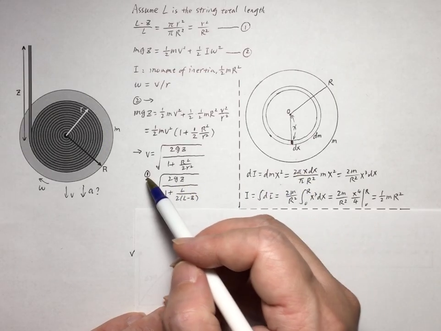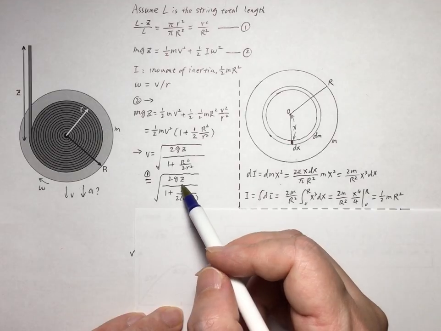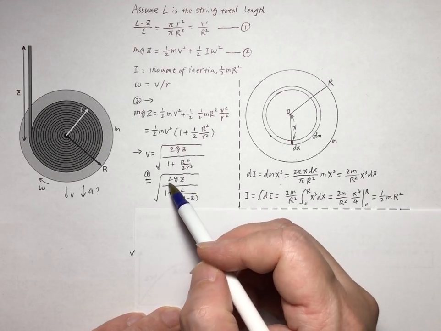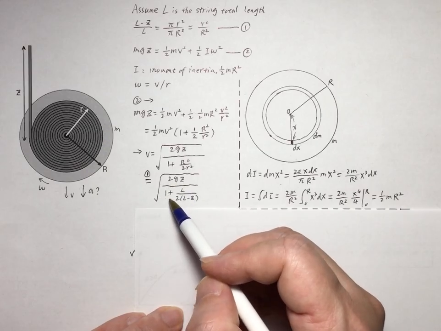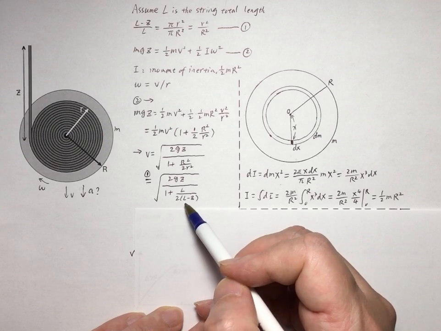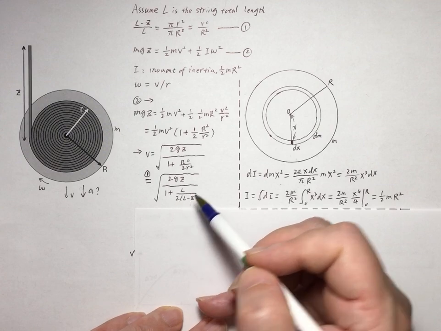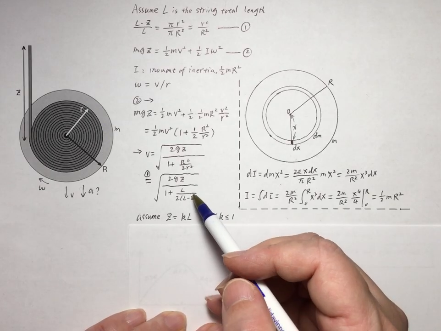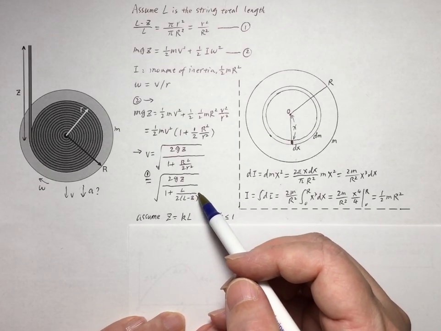Now we plug equation 1 in, so it further becomes the square root of 2gz over 1 plus L over 2 times L minus z. This is a pretty complex expression.